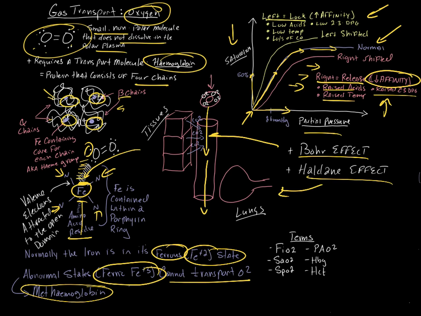We talked about left shift, and think of left shift as a locking. The hemoglobin locks on to the oxygen, doesn't want to let it go, and that is an increased affinity. And I just think of the L's, right? Alkalosis or low acids, low temperatures, low 2,3-DPG or diphosphoglycerate. Right, the little crowbar. Okay, you guys go with that?